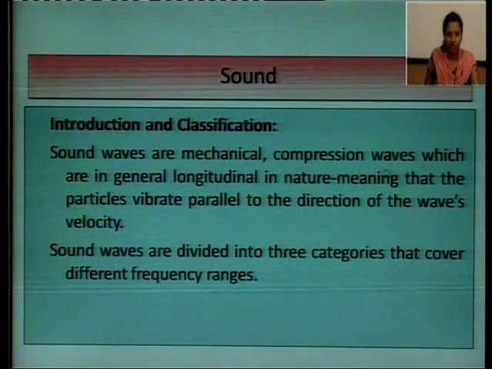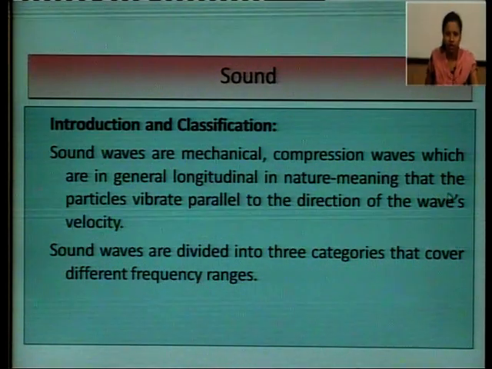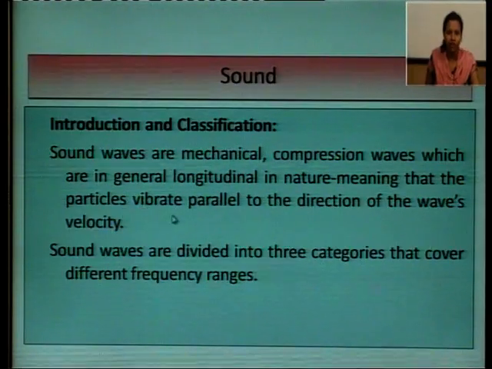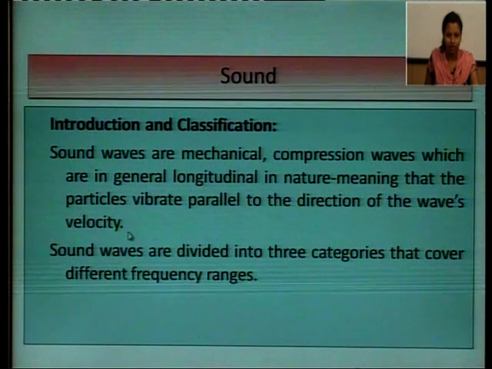So, first we will discuss what sound is. We know that sound waves are mechanical waves, compression waves which are longitudinal in nature, meaning that the particles vibrate parallel to the direction of wave velocity.